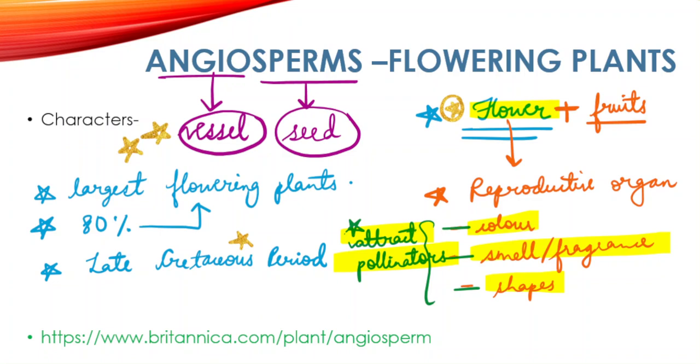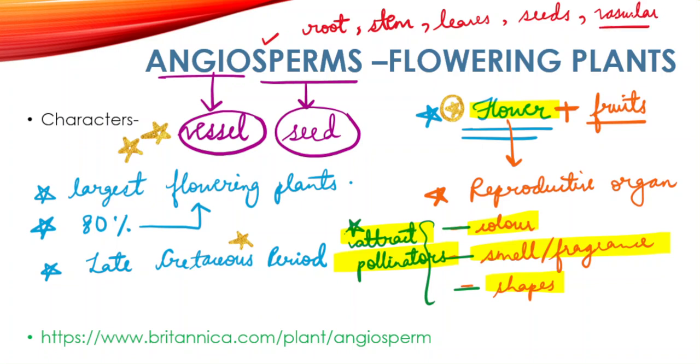Okay, let us move forward. So angiosperms also have root, shoot, we can say stem, leaves. Flowers and fruits I already said, and seeds. And the vascular system. Vascular system means what? Vascular system means xylem and phloem.